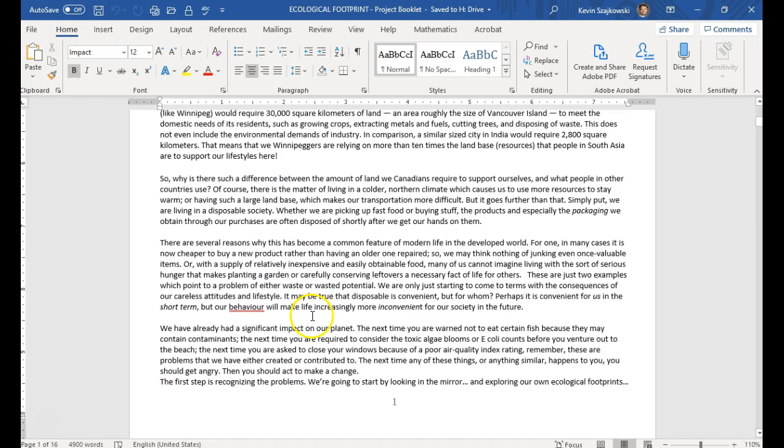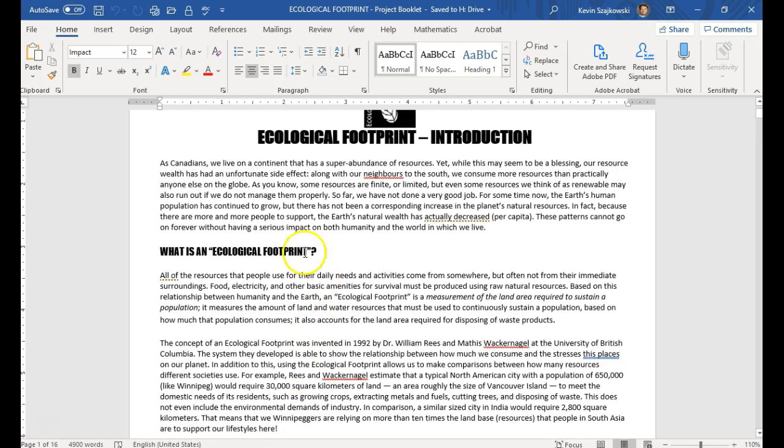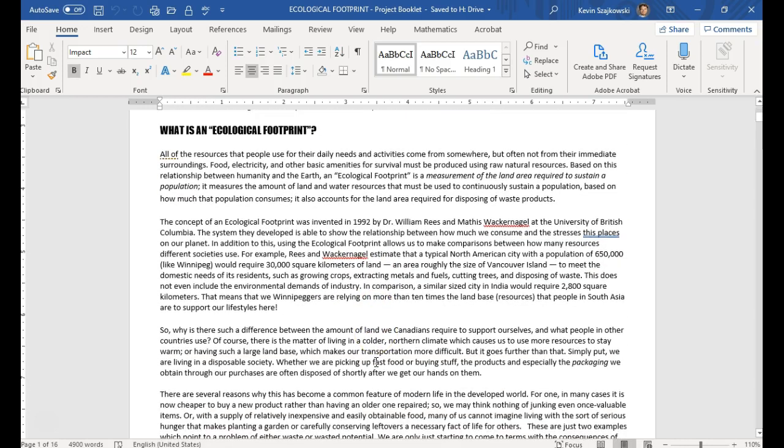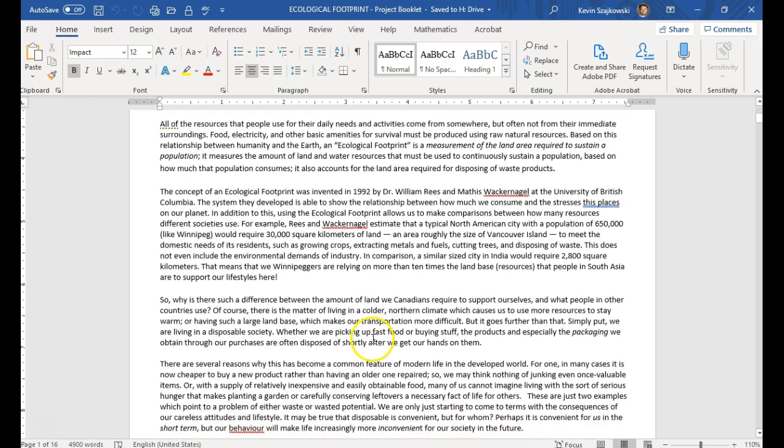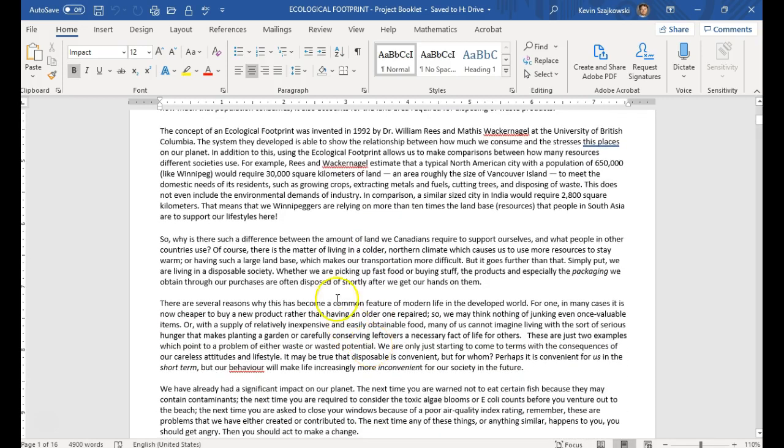So I want you to carefully read this first page as a way of introducing yourself to the concept and the history of it, and the fact that there were 2 Canadians who invented this concept. Their names and a little bit of the history is in there.